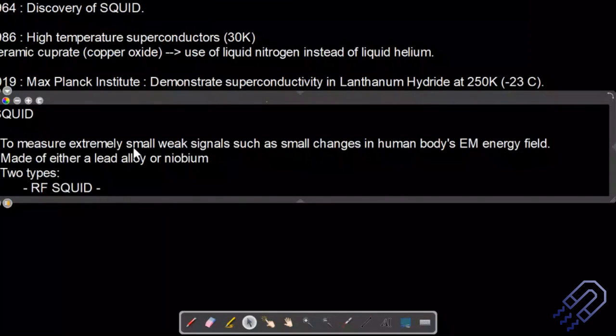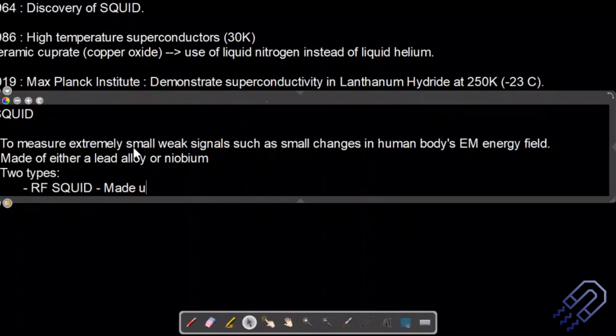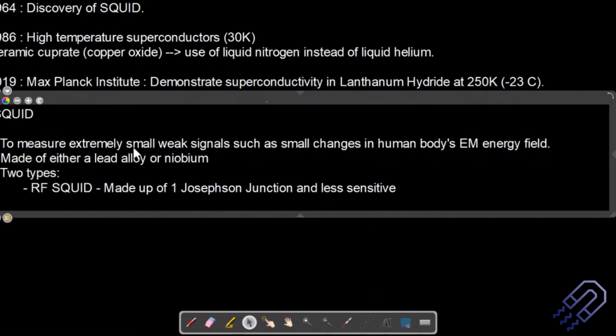This RF SQUID is made up of one Josephson junction, and since it is only one Josephson junction, this is less sensitive. It depends on the application. I can use a system which has two Josephson junctions, and that is nothing but a DC SQUID. When you write down SQUID, please make sure you write it all in capitals, because of the acronym.